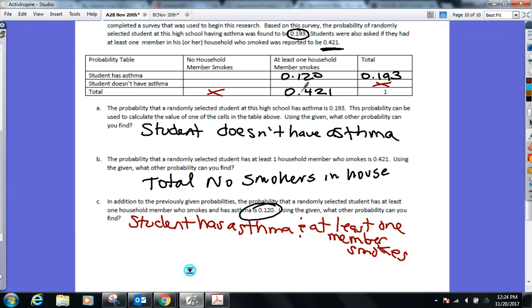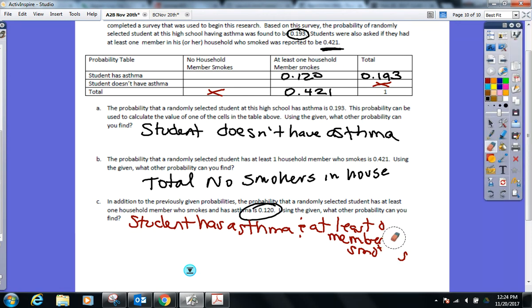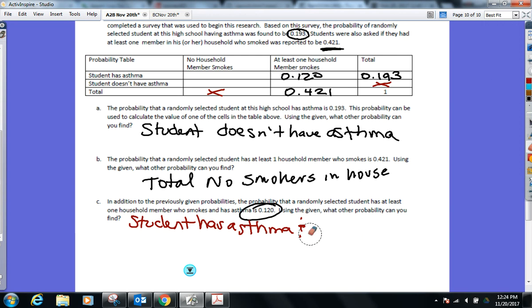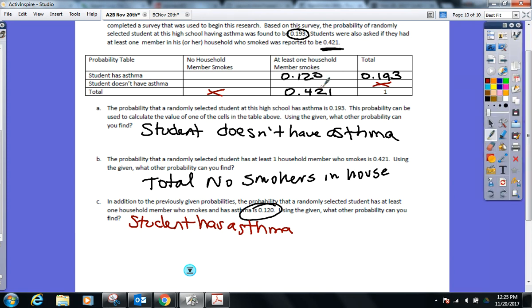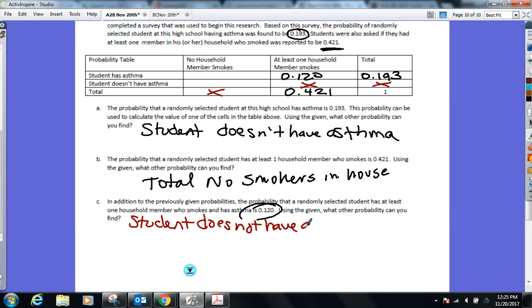Oh, wait, hold on, I wrote that incorrectly, didn't I? Who just gave me that answer? Reagan, say it again. Which one did you find? Yep, okay. I just didn't write it down correctly. We found that one right there. So student, there we go, does not have asthma, and at least one member smokes.